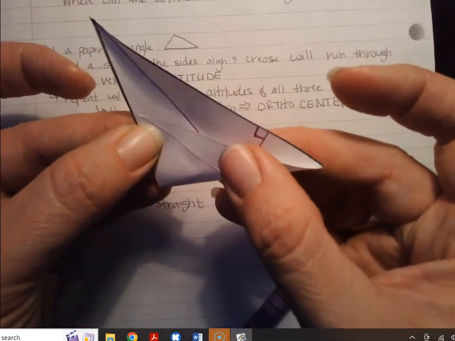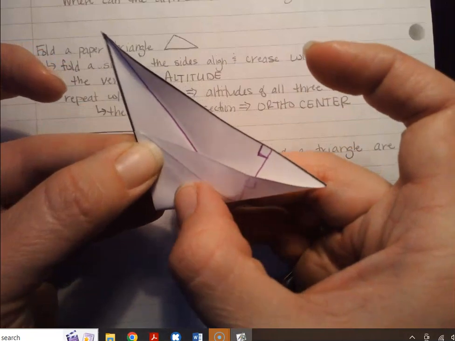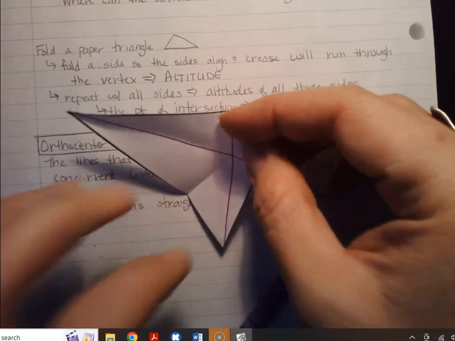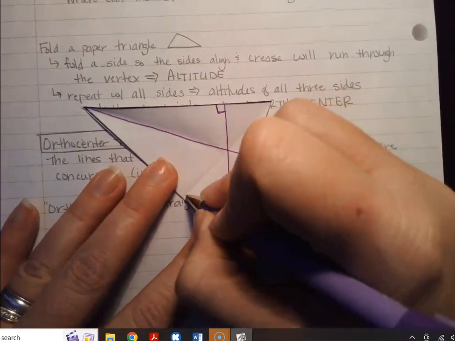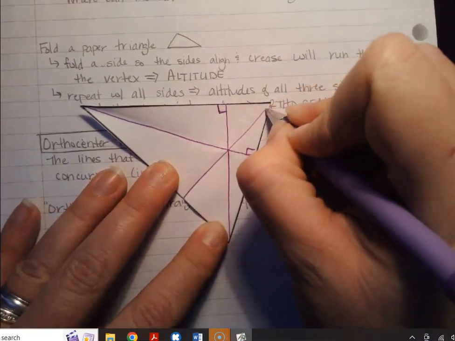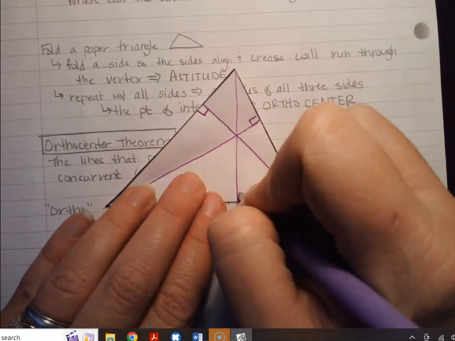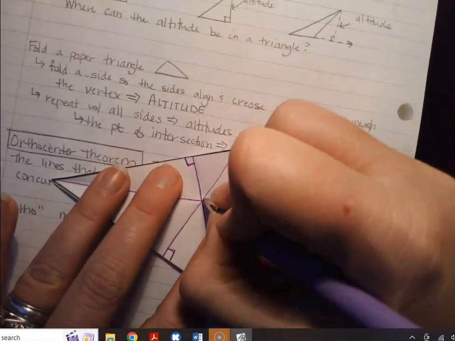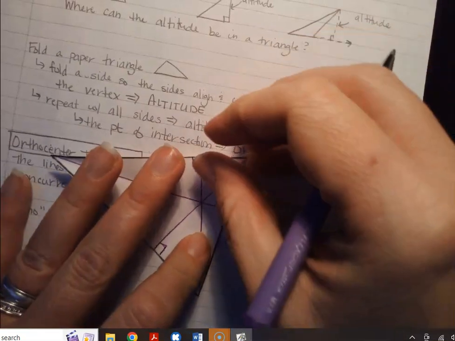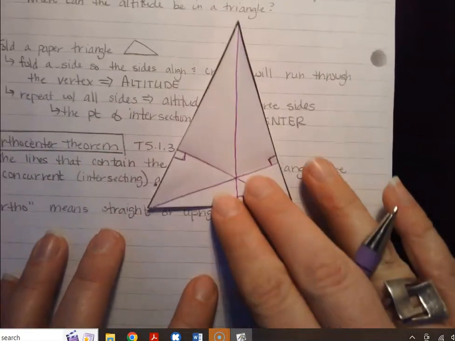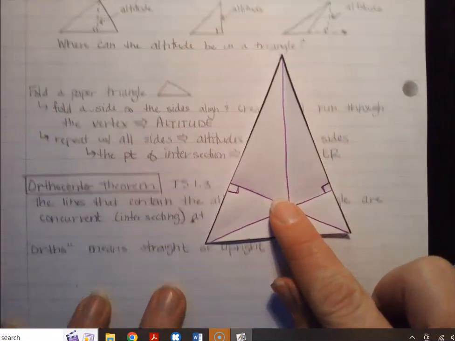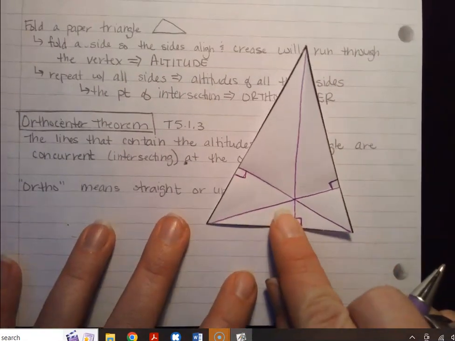So fold it through the vertex, put your crease in it, open it up, and mark it. Okay, so you should have, I'll set it here.